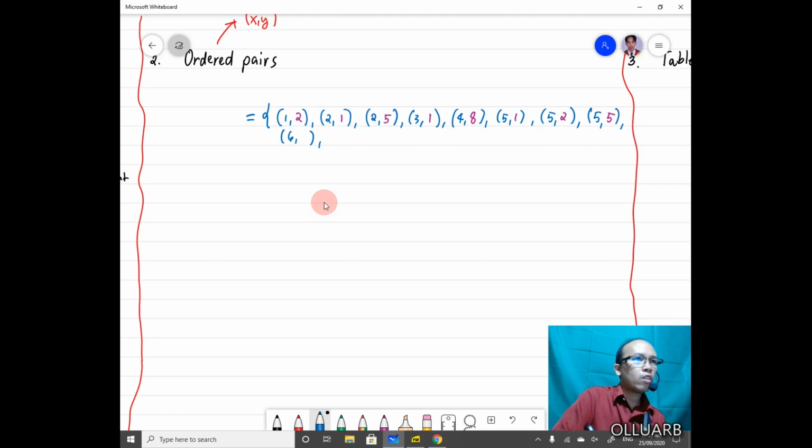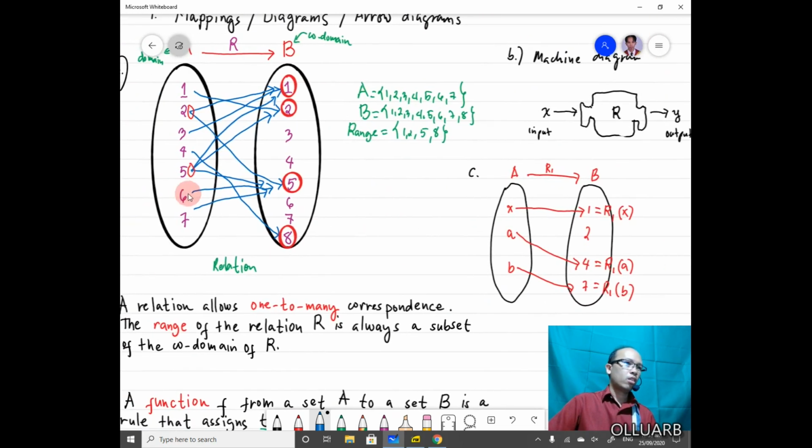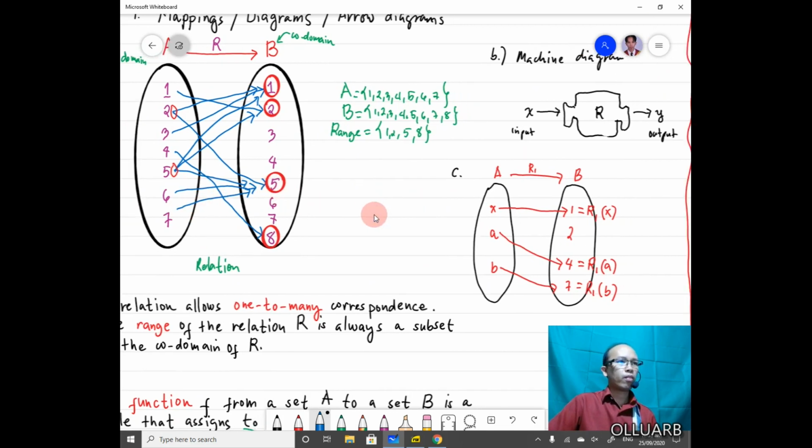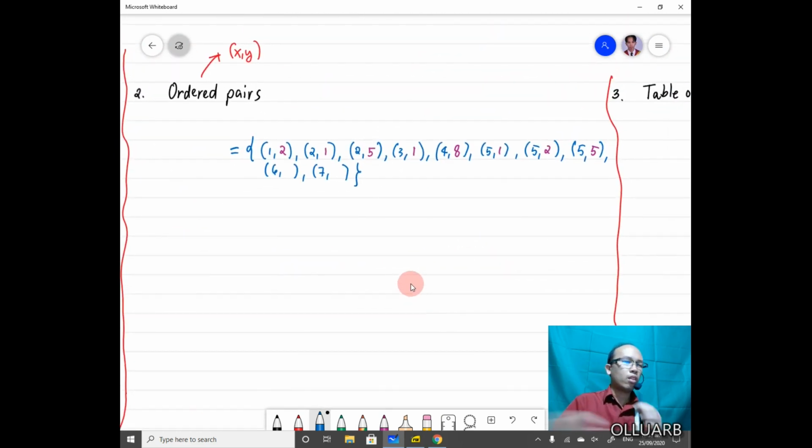For the elements 6 and 7, I believe that there is only 1 partner. So for 6 we have 5, 7 is 5. For the elements 6 and 7, we have the same partner, same mapping.